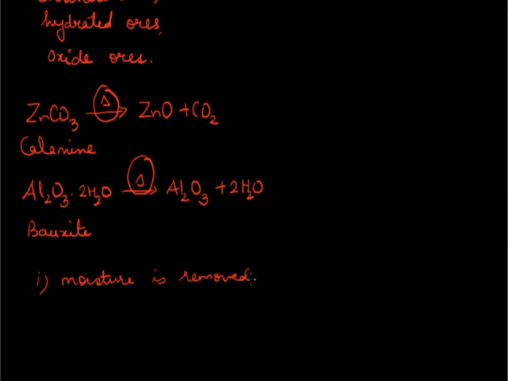And secondly, if there are some volatile impurities still left in the ore, specifically organic impurities, organic matter, some volatile matter, those impurities are also removed. So basically calcination is done for the conversion of ore into oxide, but apart from this it can also be done to remove moisture and to remove impurities which are volatile in nature.